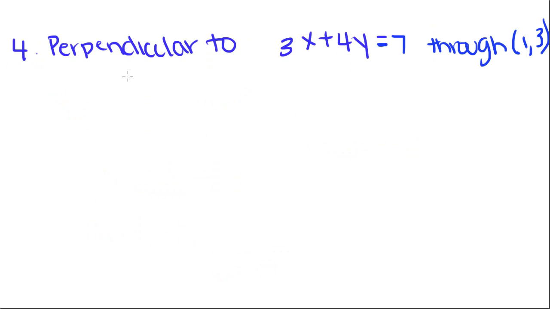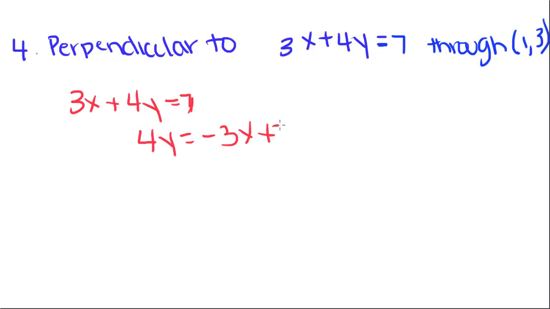In our last example, we want to write the equation of the line perpendicular to 3x plus 4y equals 7 through the point (1, 3). So the first thing we're going to do is convert this to slope-intercept form. So 4y is equal to negative 3x plus 7, and we're going to divide by 4. So y equals negative 3/4 x plus 7/4.